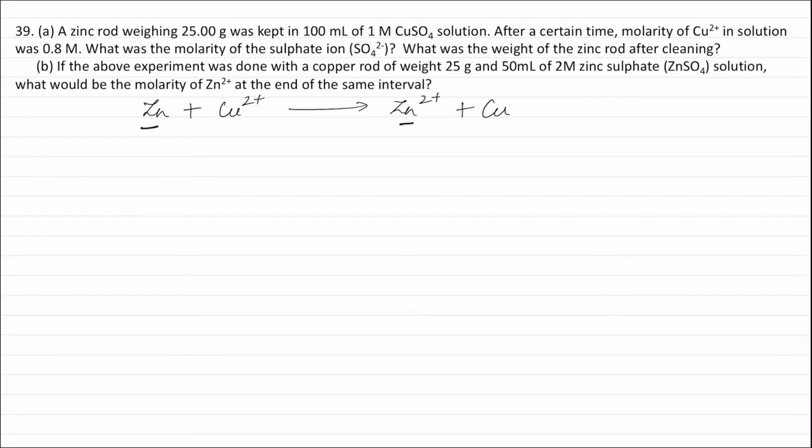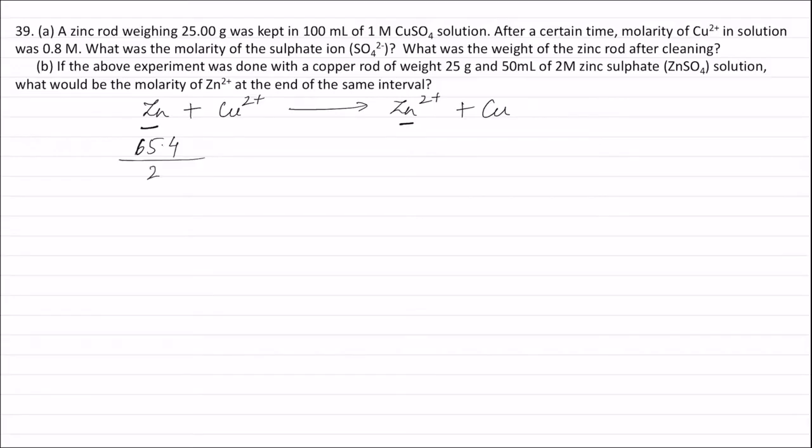So change in oxidation number of zinc is 2. Number of zinc atoms is 1. Therefore, valency factor of zinc is 2. And equivalent weight of zinc will be equal to atomic weight of zinc, that is 65.4, divided by valency factor, that is 2.